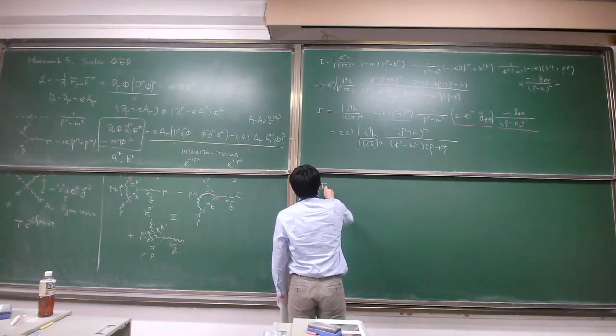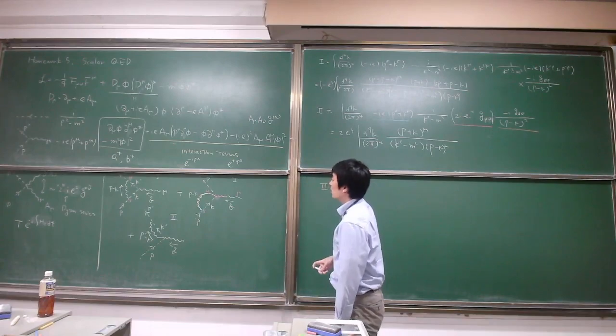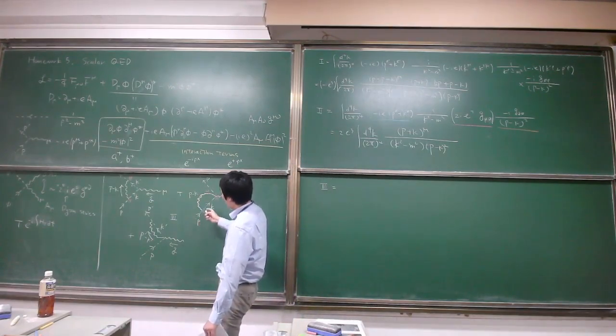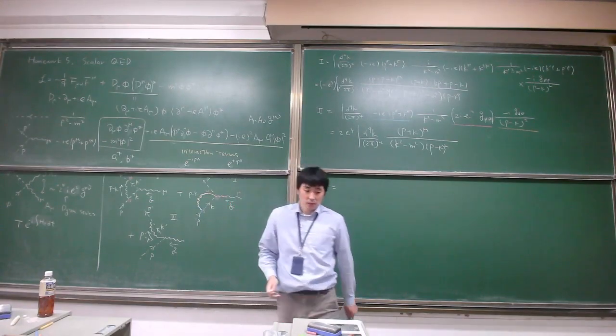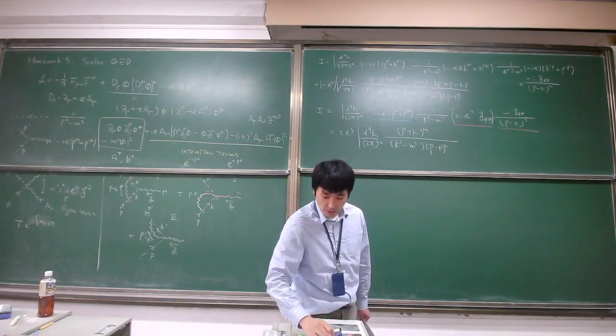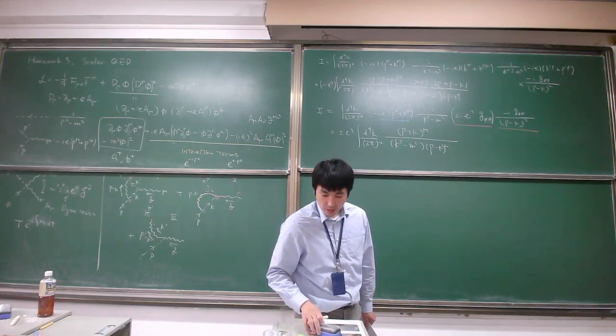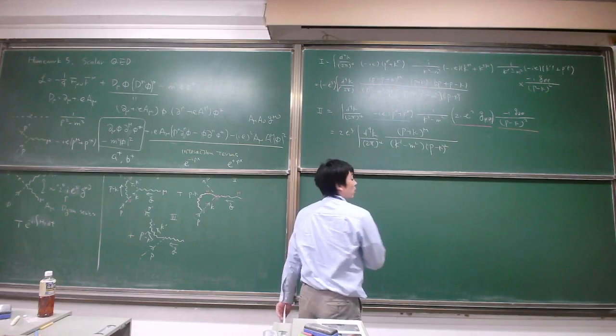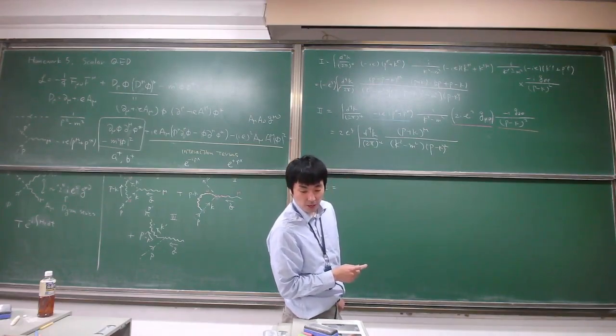Number 3 is the same thing. So for number 3, you have to swap the roles of K and P prime. Let me write down the answer for you. Yeah, so swap the roles of P prime and K prime.